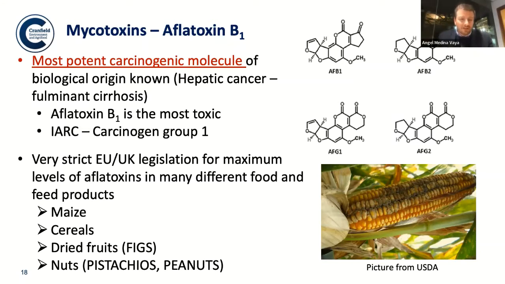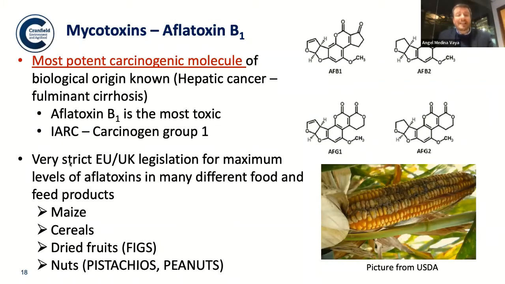It produces hepatic cancer, and if you eat enough of it, you die because of fulminant cirrhosis. It has been classified as a group 1 carcinogen by the International Agency for Research on Cancer.